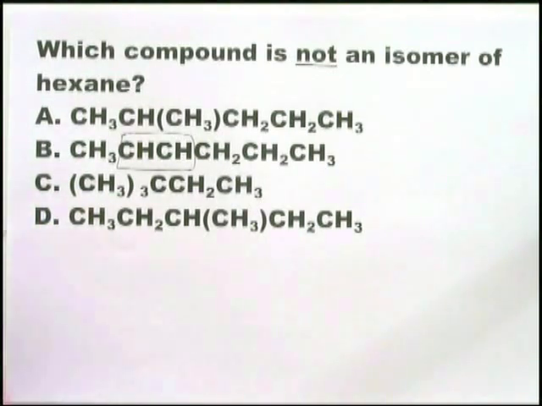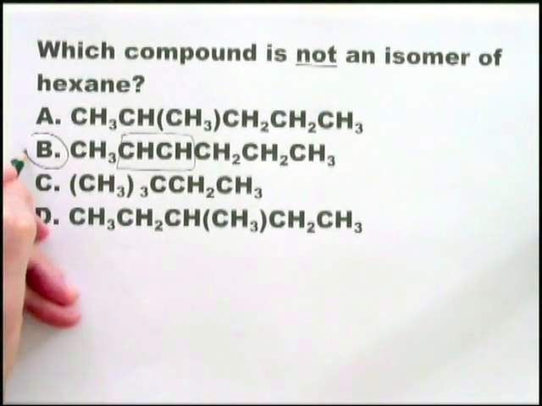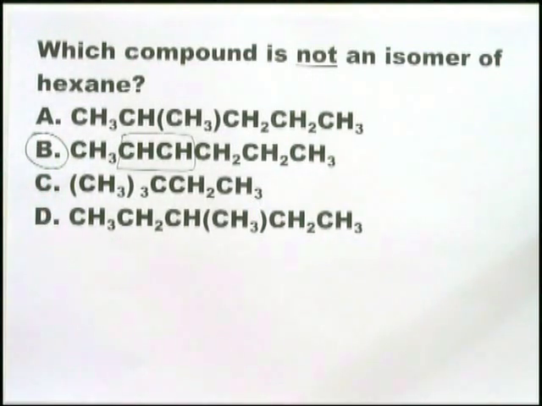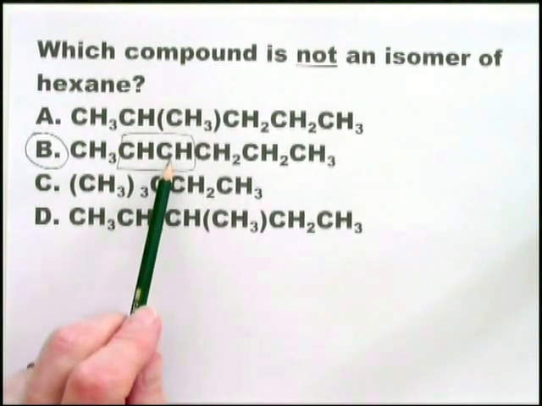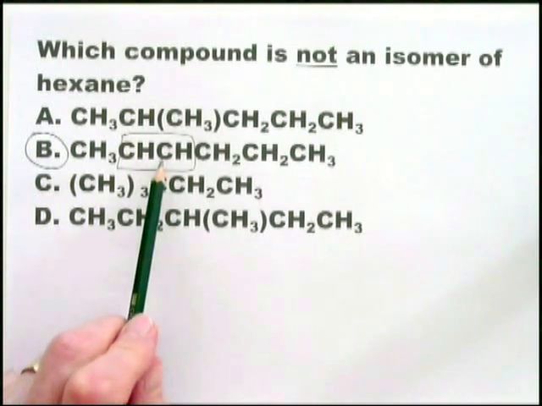And therefore this one cannot be an isomer of hexane without even looking at the others. The CH=CH is typical of a carbon-carbon double bond. Remember that.